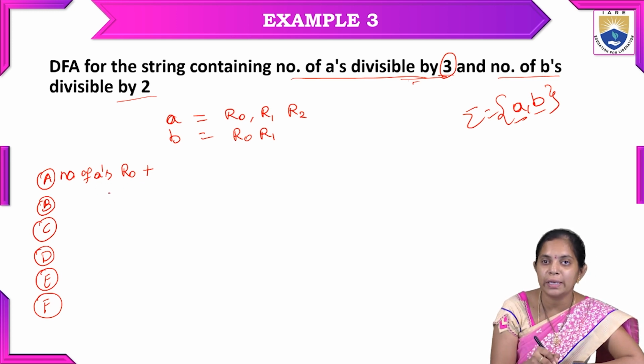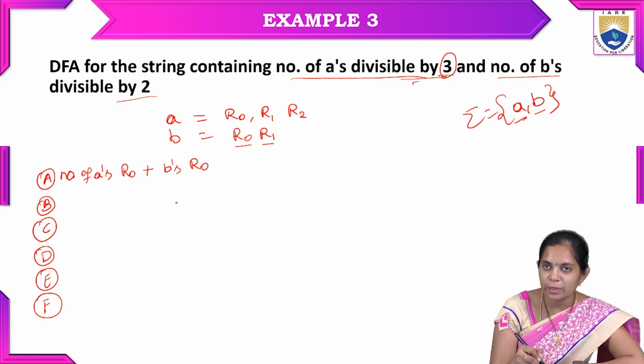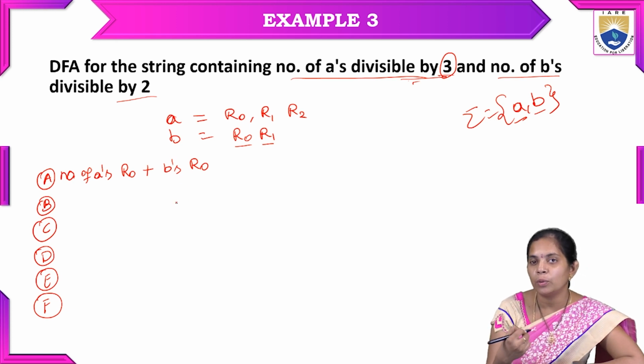Remainder 0 we will get for the A's. And here we need to find a combination of these two, with the number of B's. For these B's cases we have only two options, R0 and R1. So for the number of B's divisible by 2, we will get only either 0 or 1 remainder.